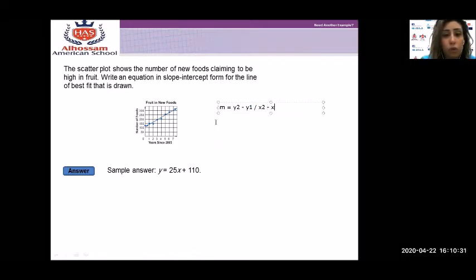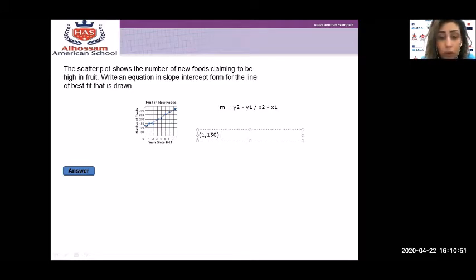Okay, I'm going to choose 2 points. The first point I can take is (1, 150): 1 in x and 150 in y.